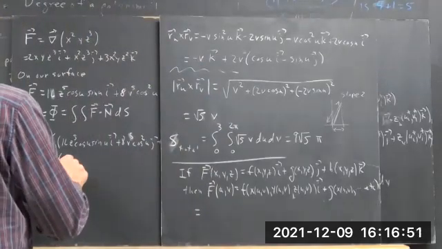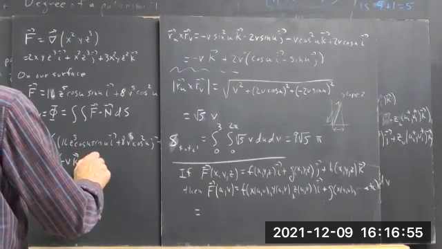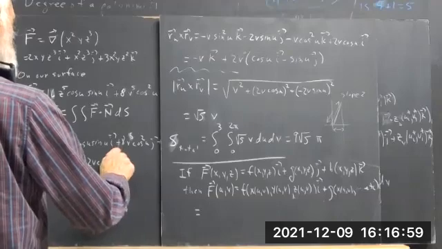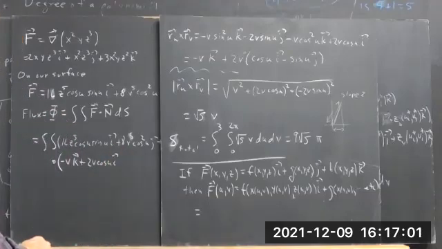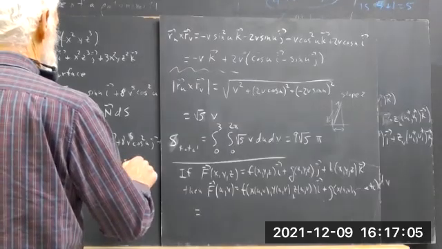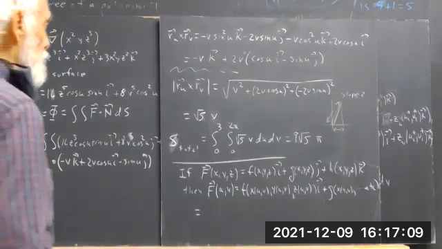That's negative v, plus 2v cosine u i minus sine u j.